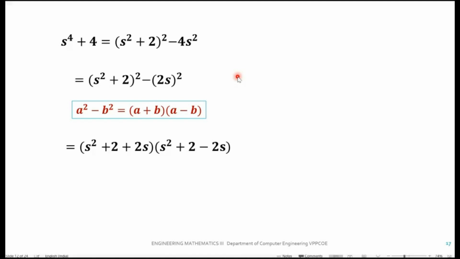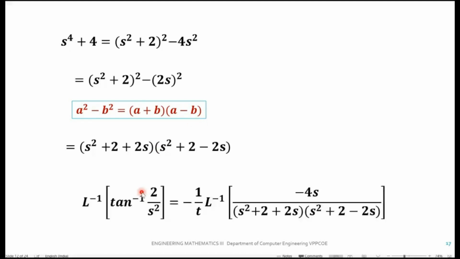Whenever you have raised to 4, normally we try to factorize it into quadratic factors, and for that you just write s square plus 2 the whole square and expand and see which term is extra, that term is subtracted, and make it a square minus b square. Use the formula a plus b into a minus b. After that we have to substitute there.